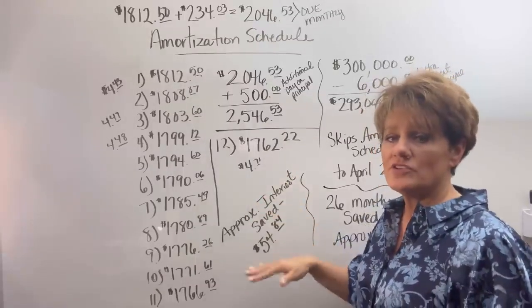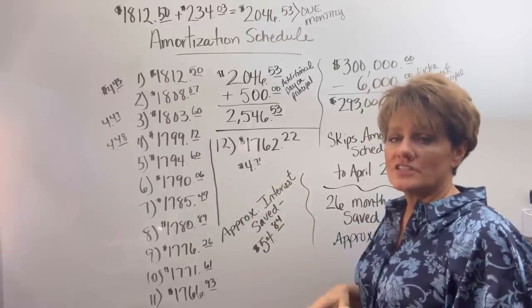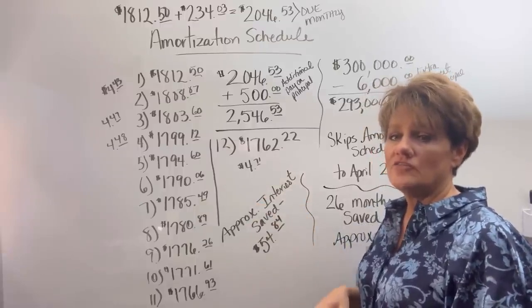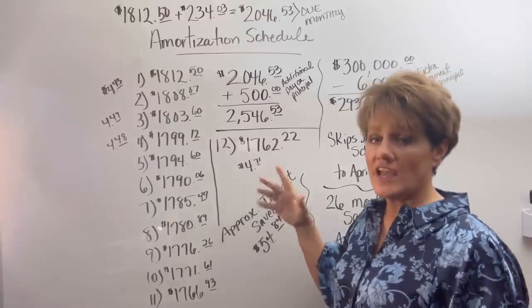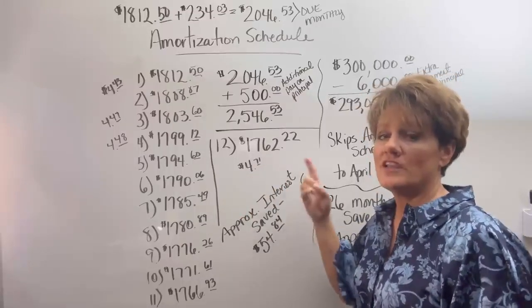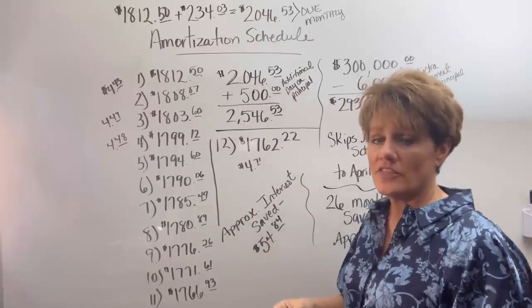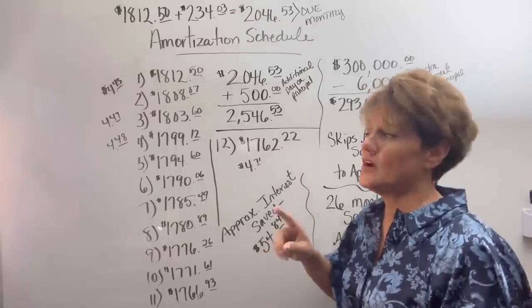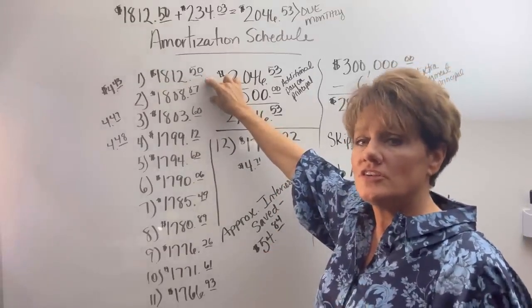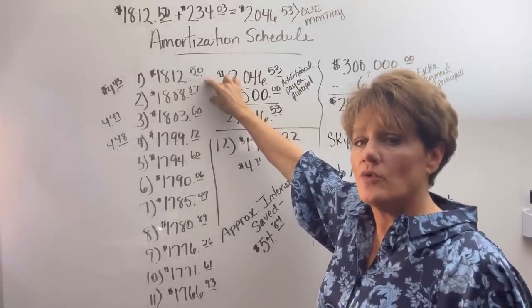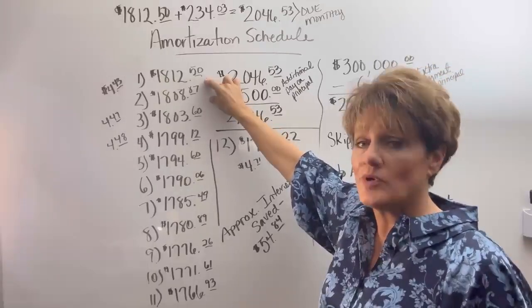So every payment you make after that, the interest continues to decrease. If you go back to making regular payments, it's not going to decrease this fast. That's because you're not making the extra $500 a month. So in the previous video, I showed where with the regular payments being made, you are decreasing your interest charge by $1.43 per month.